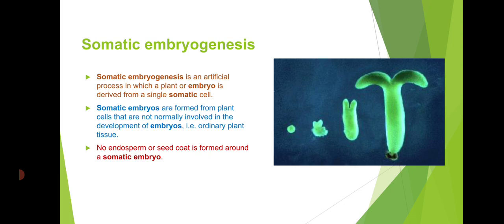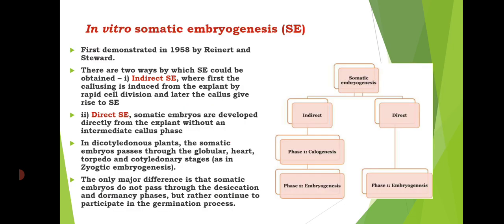The only difference is that it develops from a somatic cell. Then in vitro somatic embryogenesis is a part of tissue culture, so we are forming these developments inside lab conditions.